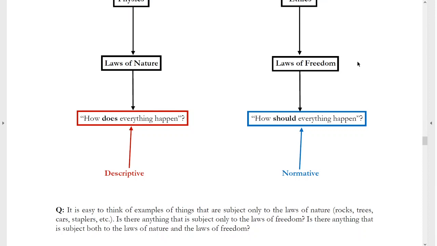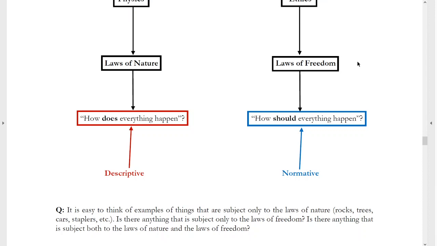So the only real example you could come up with would have to be something like the concept of a divine being like God. Something completely outside of the physical universe that isn't subject to the physical laws of nature. That would bring up a whole host of other questions, but it would have to be something like that. Only a being like that would be truly and totally free and only follow the laws of freedom.